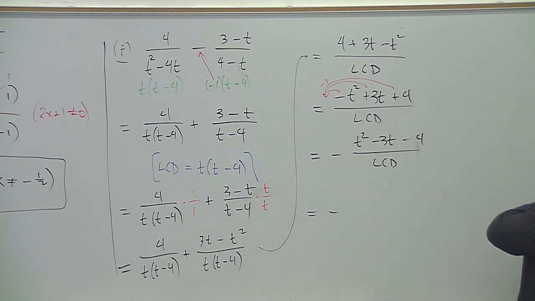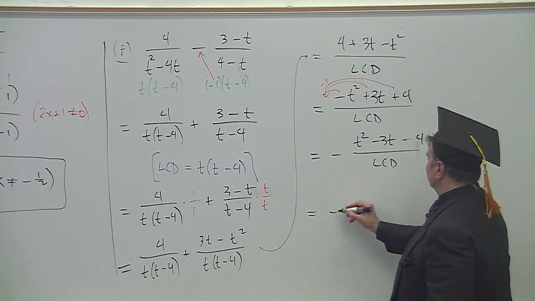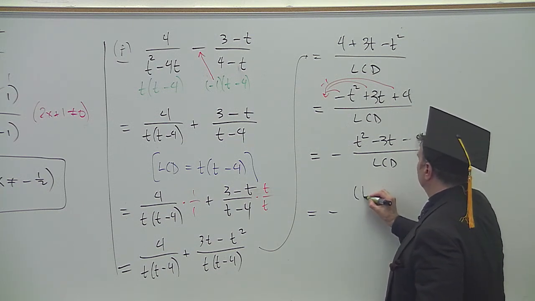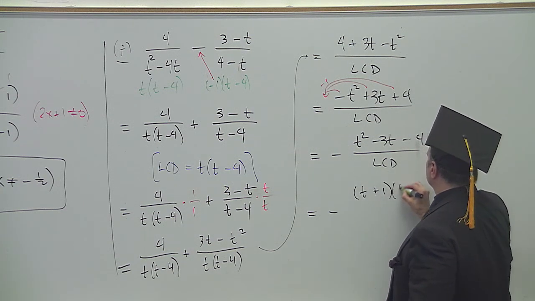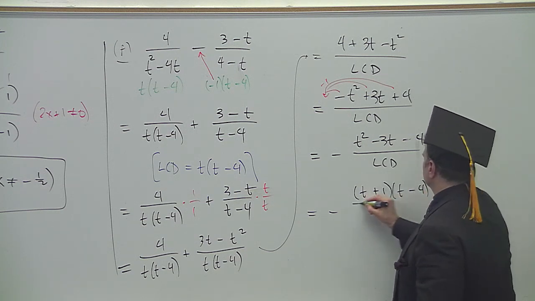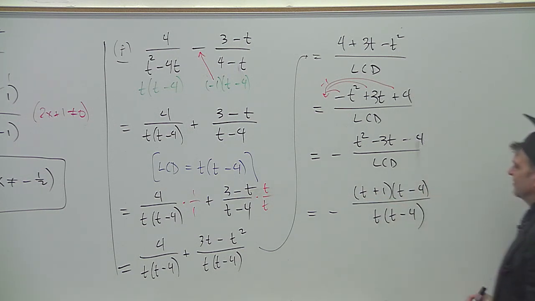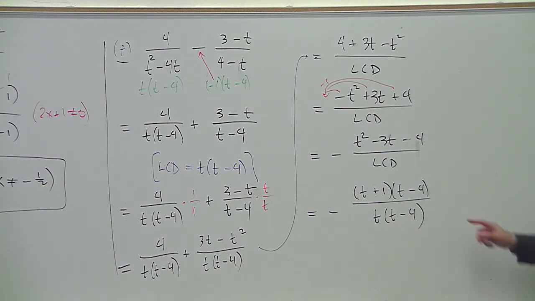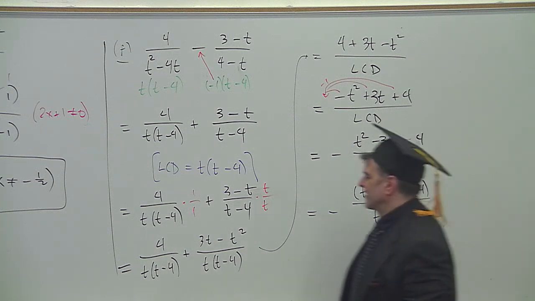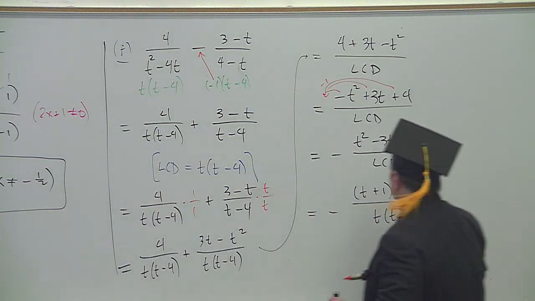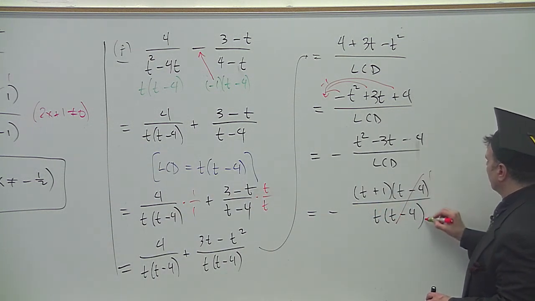And now that numerator factors. So this is minus the fraction t plus 1 times t minus 4 over t times t minus 4. And you guessed it, it was rigged so that we have reduction here. We have a common factor of t minus 4.